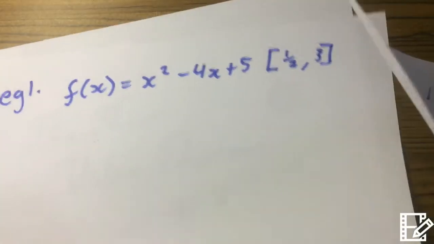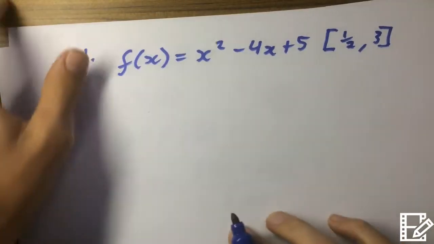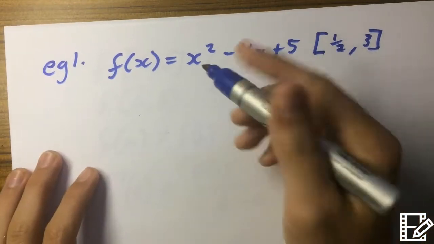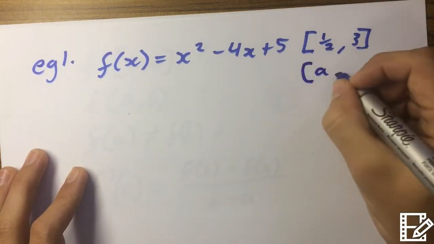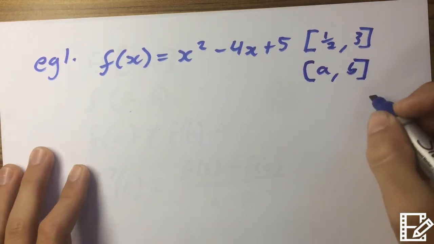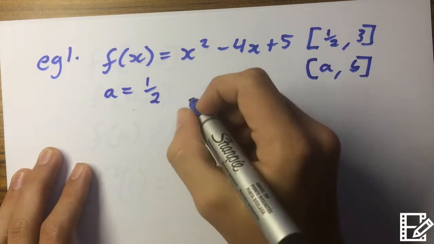So let's get going. The function of x equals x squared minus 4x plus 5. So this here is our a value and our b value. Just to clarify, a equals 1/2.